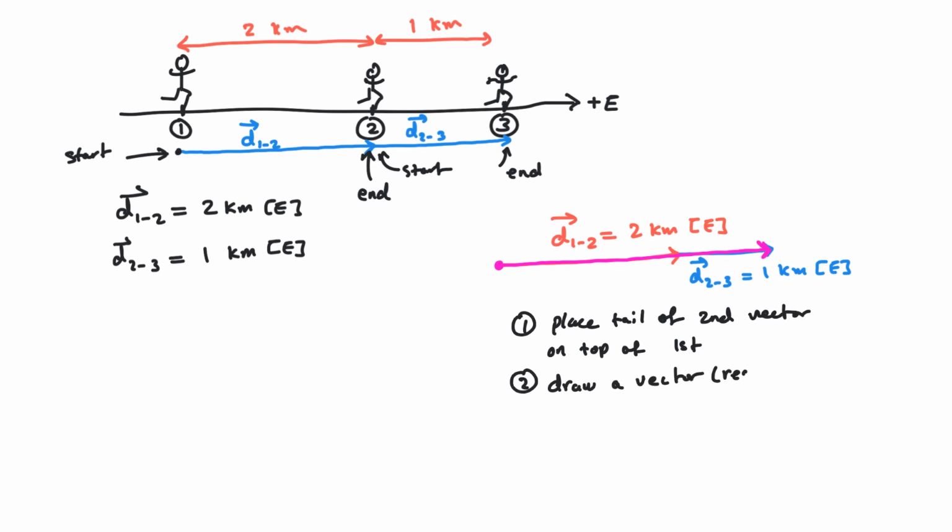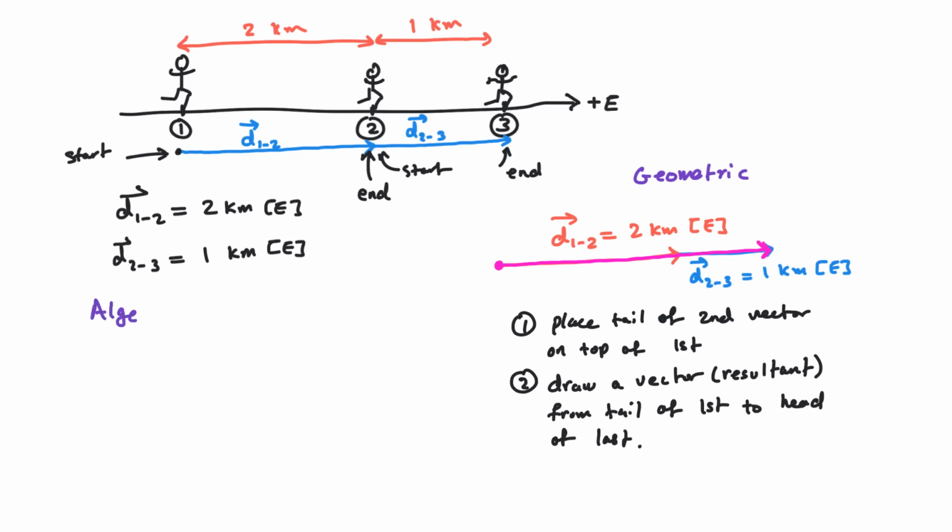This is the resultant vector from the tail of the first to the head of the last. And once again, this is the geometric method of adding two vectors.